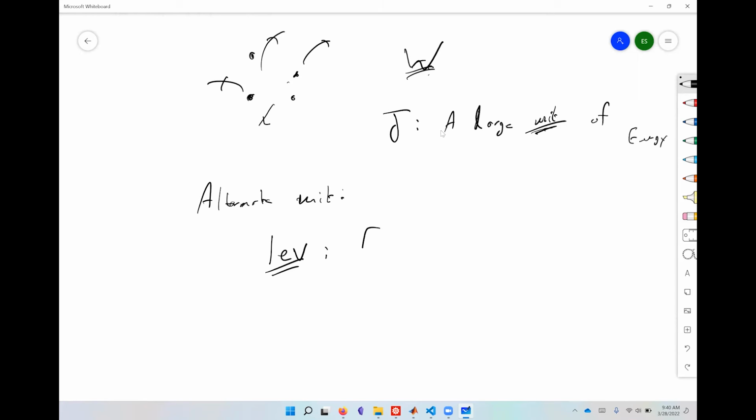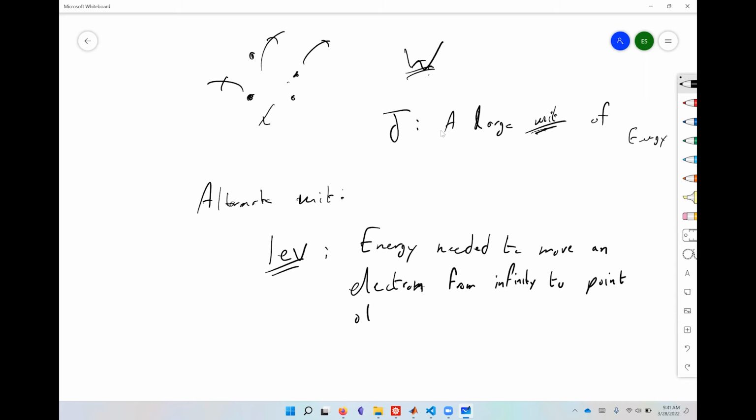The electron volt is the energy needed to move an electron from infinity to a point of 1 volt.